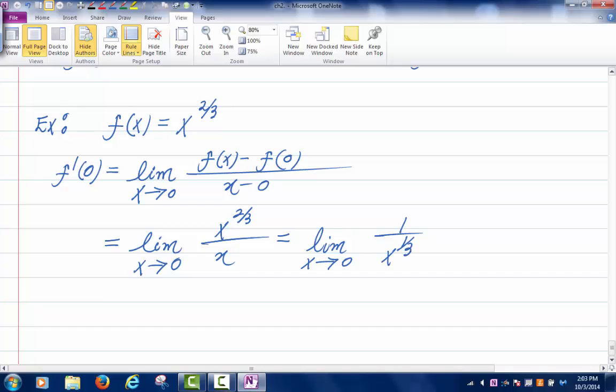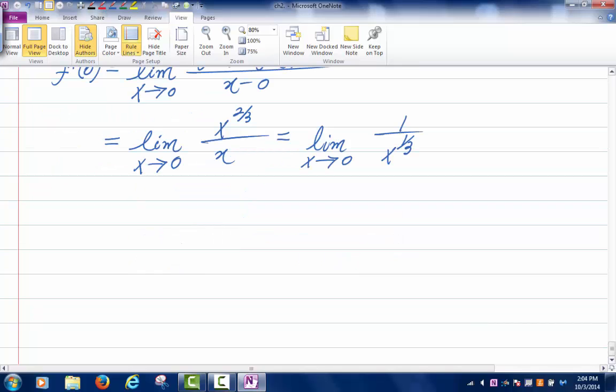So what is that limit as x goes to 0? Well, the problem is that as x goes to 0 from the right, the denominator is positive, but when x goes to 0 from the left, the denominator is negative.